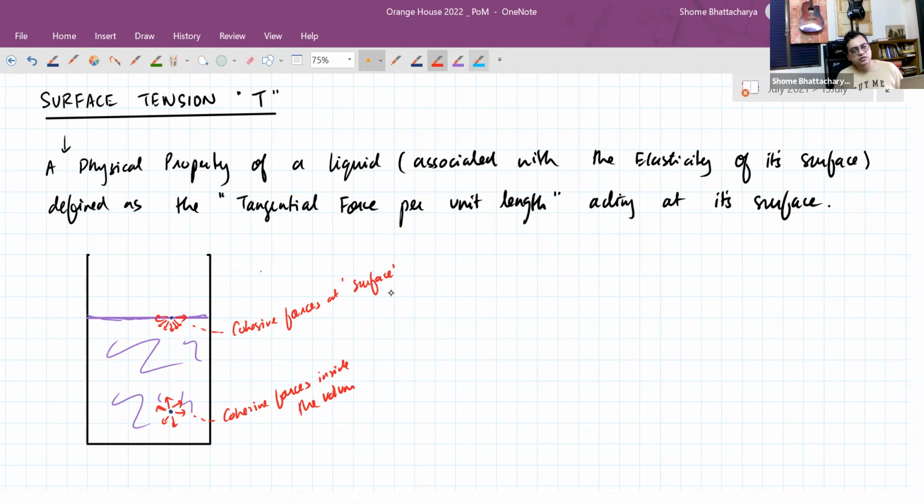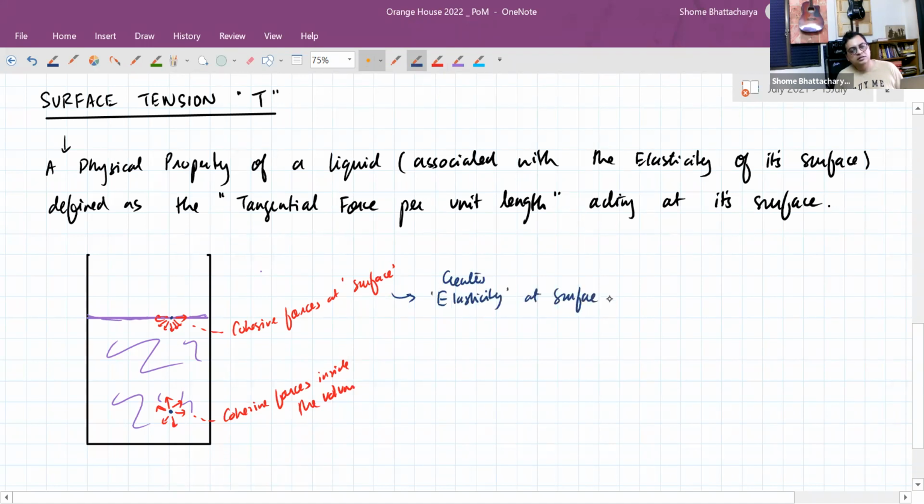So this creates elasticity at the surface, and that creates tangential force.